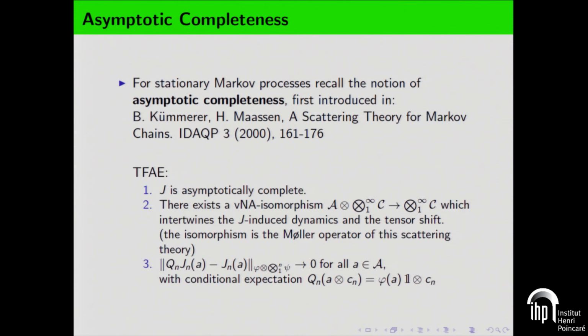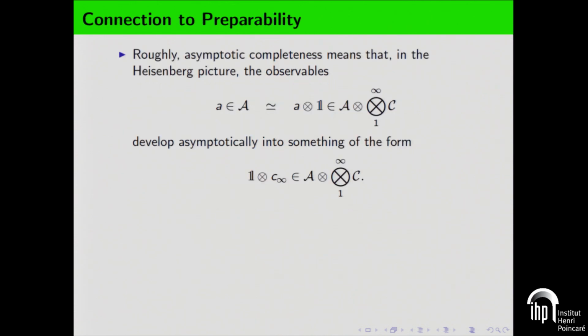But there's an intuitive way to think about this last condition here. It says that asymptotically you have something like 1 tensor C_n. So this gives you the connection to the preparability we studied earlier. So roughly asymptotic completeness means that we are in the Heisenberg picture.